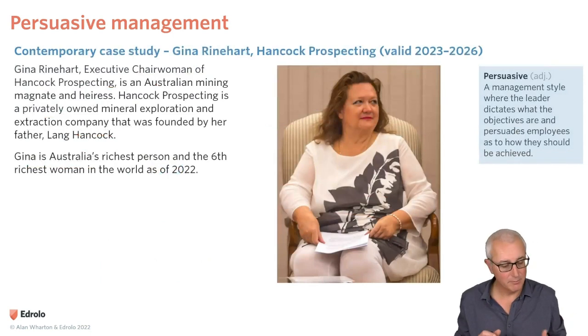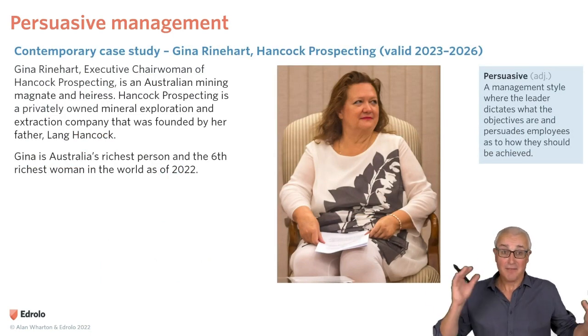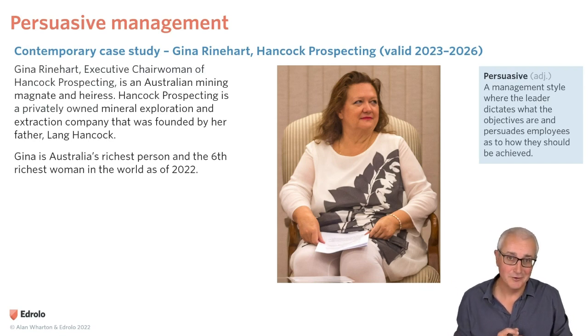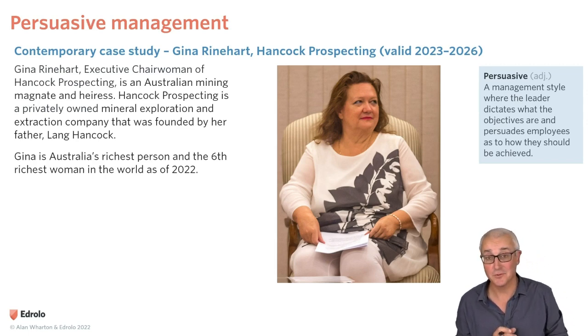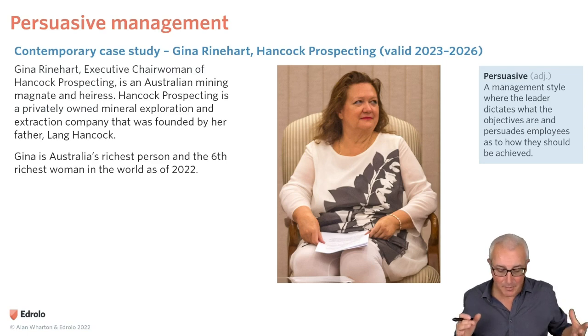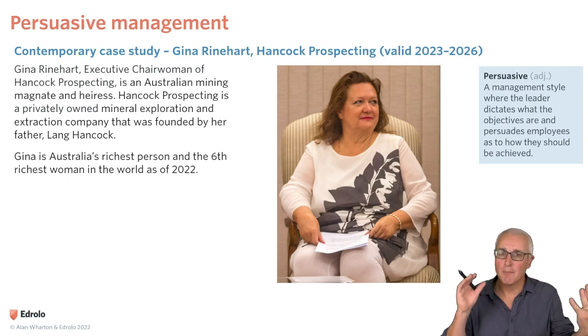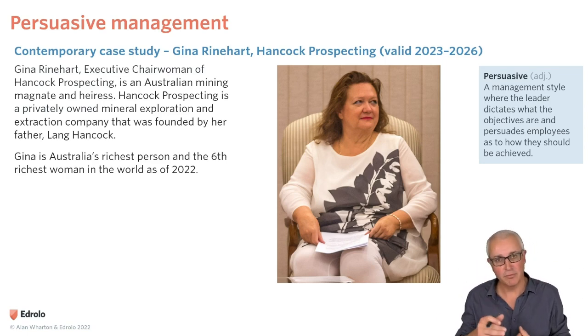Now, a good example of persuasive is Gina Reinhardt from Hancock Prospecting, the wealthiest person in Australia at this present point as I'm recording, and the 6th richest woman in the world as of 2022. Think about a mining company and all its operations and mines.